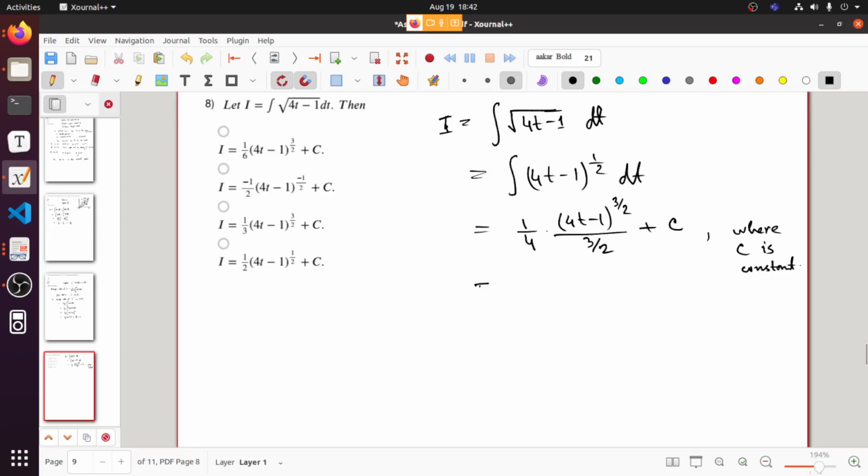So this will be 1 by 6 into (4t minus 1) to the power 3 by 2 plus c. So this we will get. So which option will be correct? Option A, right? So this is the value of the integration: 1 by 6, (4t minus 1) all to the power 3 by 2 plus c.